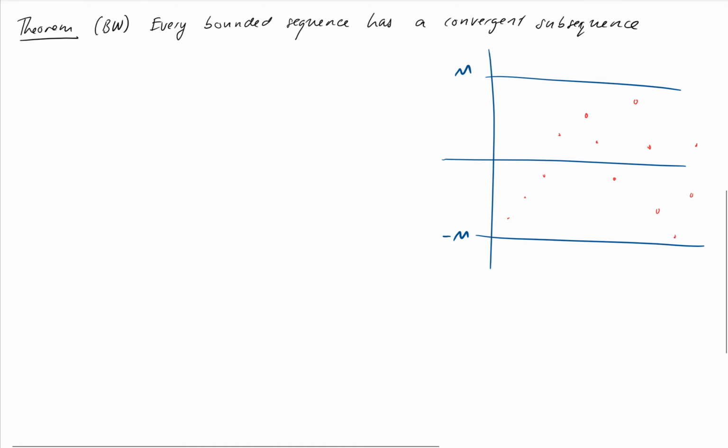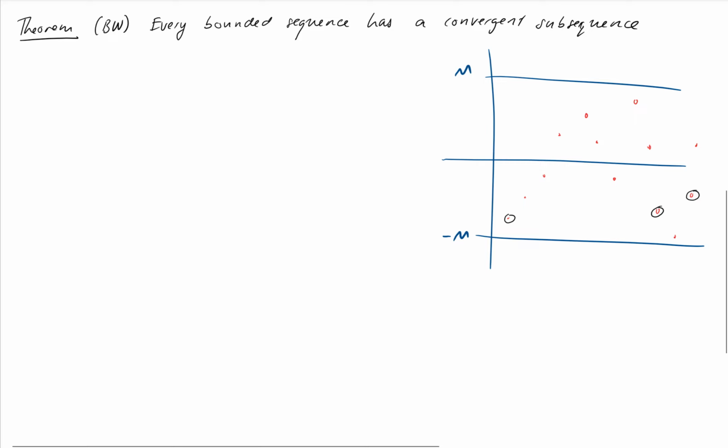Okay, so that is the kind of sequence we're looking at, and what the theorem tells us is actually every single sequence that's like this has a convergent subsequence. So maybe we can imagine that if we pick out some specific elements, maybe these ones, over time we can choose a subset of the elements that do actually converge to some particular limit.